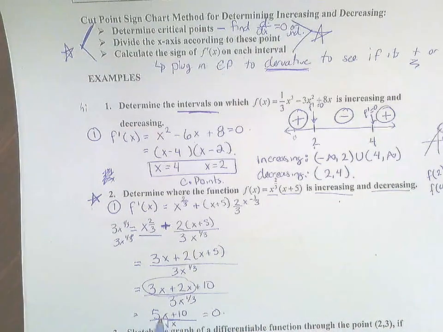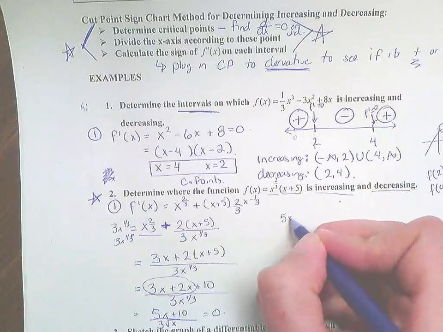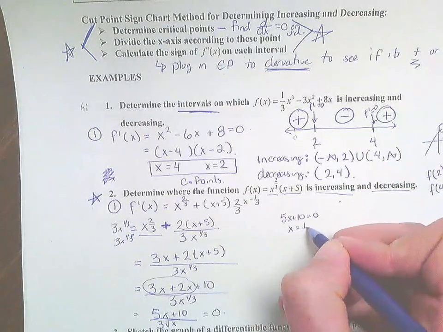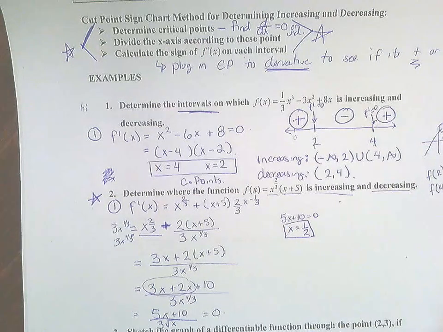So for this to be 0, that means this top portion has to be 0. So when will 5x plus 10 equal 0? When x is 1/2. So that's one critical point. Another critical point is going to be the denominator. If the denominator is 0, then what happens to this whole entire function?